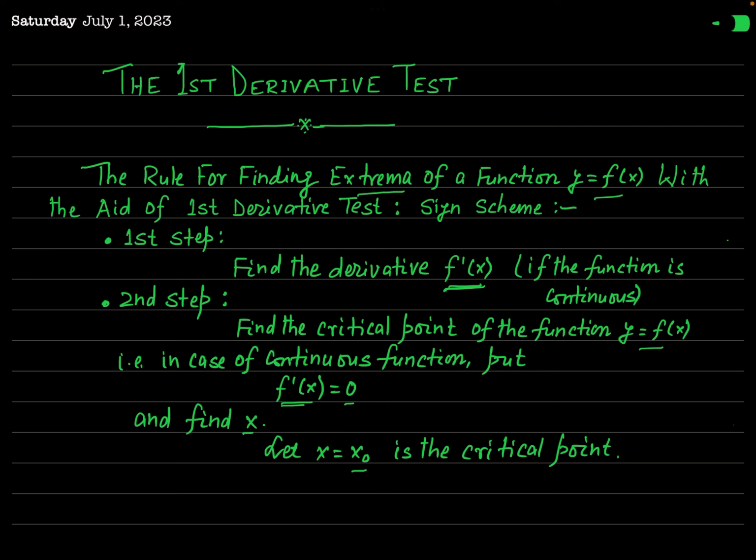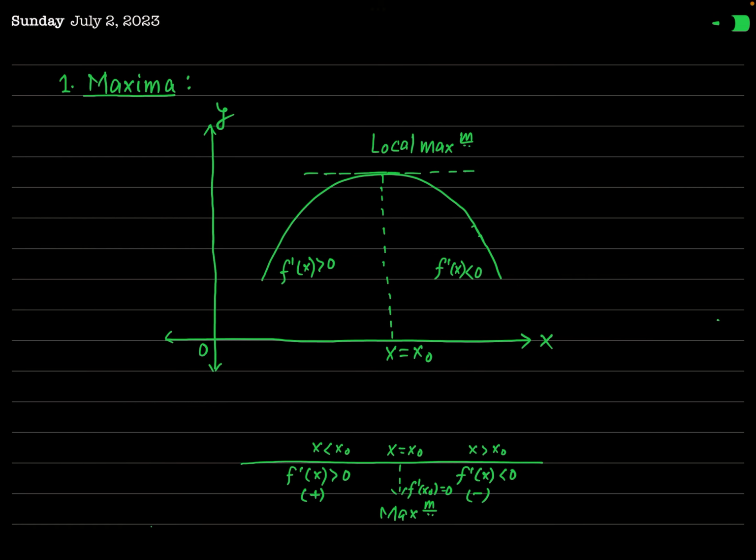Once you find the critical point after equating f dash of x equal to 0, now by the sign convention of the derivative f dash of x, we can decide that at x equal to x naught, our function is either maximum or minimum, or it is neither maximum nor minimum. Okay, this is actually done by the sign scheme.